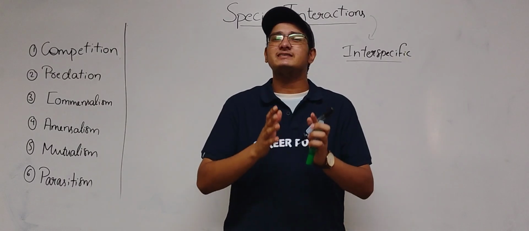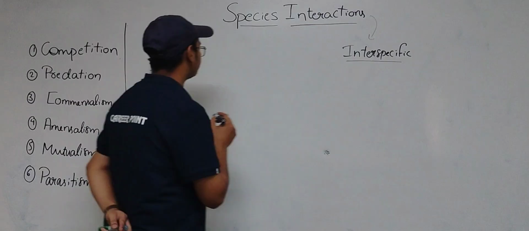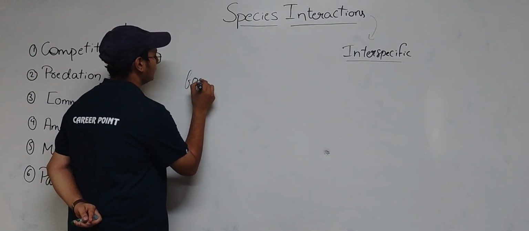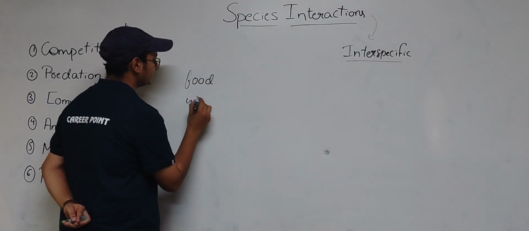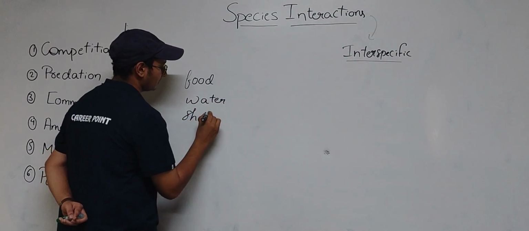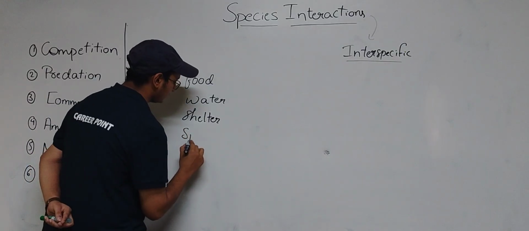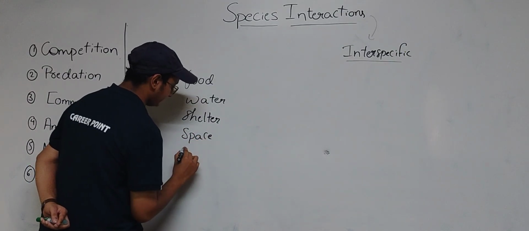Why do organisms interact with each other? For food, for water, for shelter, for space, and for mating.